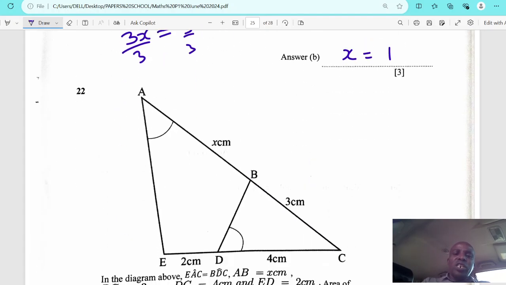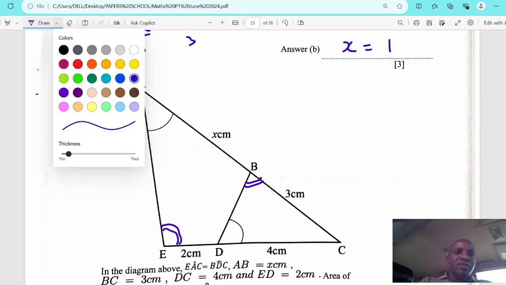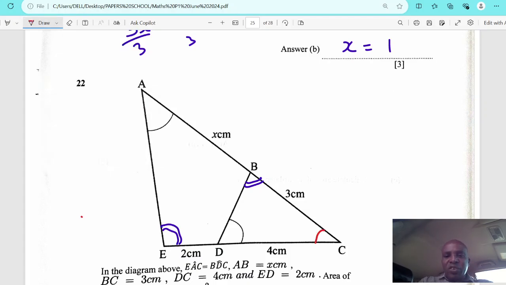But what you do on similarity, the trick, is just take the angles that are the same. Then you mark them. This angle is equal to this angle. And this angle, let me use red, is a common angle on both triangles. So you have triangle AEC and DBC.